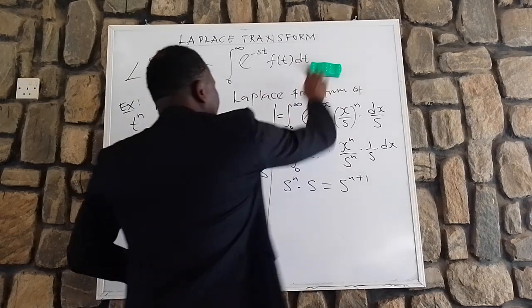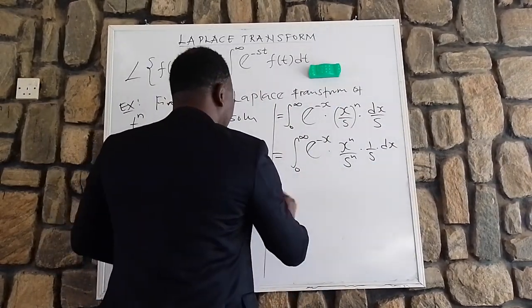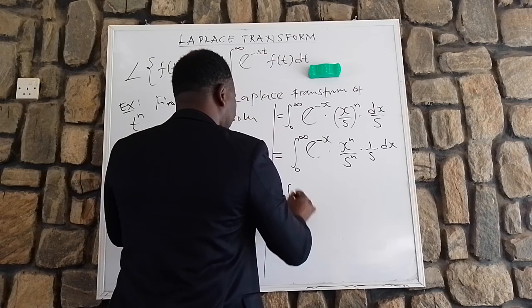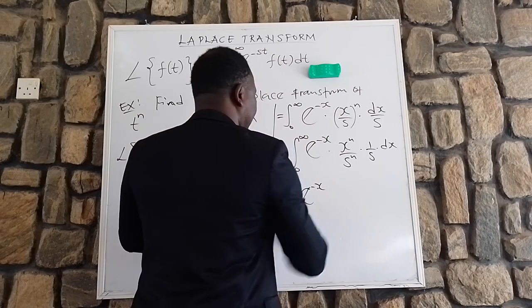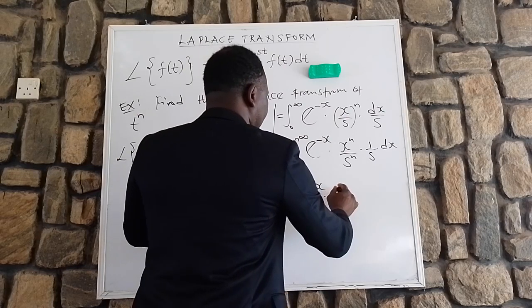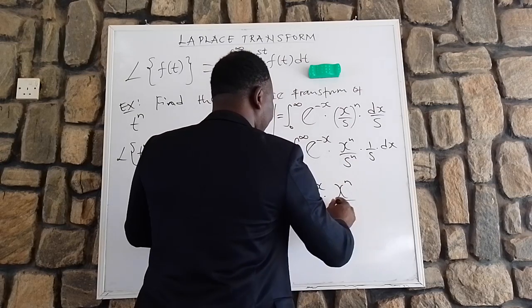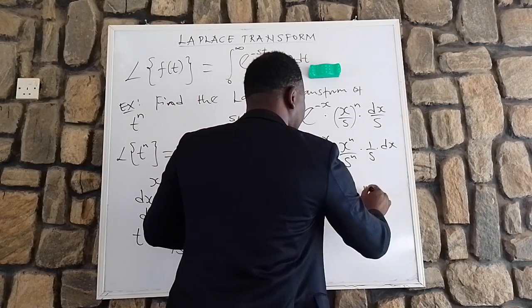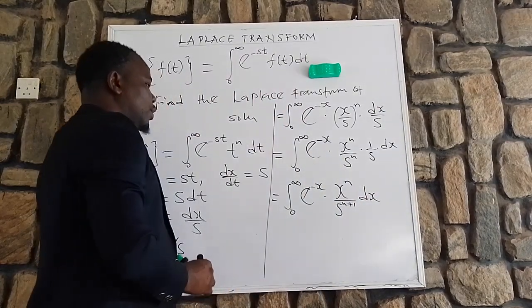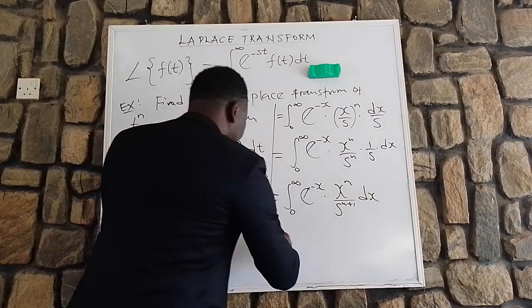So if you agree with me, our integral will now be equal to integral 0 to infinity exponential minus x times s raised to the power of n all over s raised to the power of n plus 1 times dx, isn't it? So now we can rewrite this.